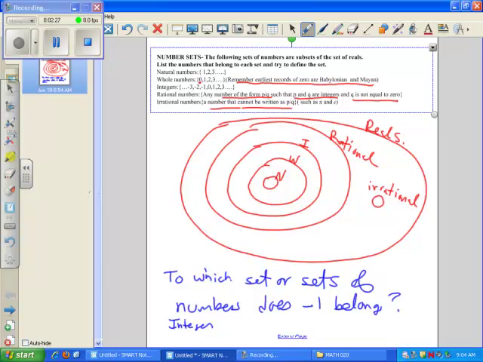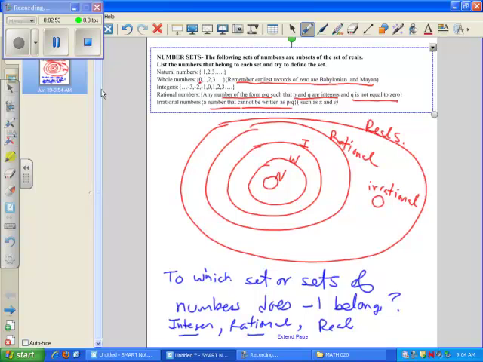Is it whole? No. Okay. Is -1 rational? Okay, good. Is it irrational? Oh, you can't be rational and irrational at the same time, right? So it's an integer, it's rational, and of course it is real. So obviously all of these belong to the set of reals.